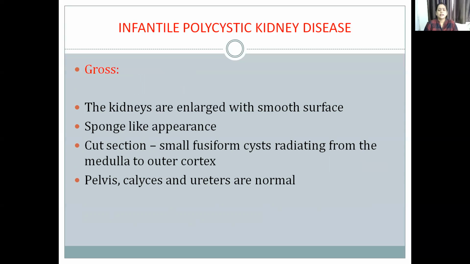Grossly, the kidneys are enlarged with a smooth surface, whereas in the adult type you are seeing a lobulated surface, with a sponge-like appearance. In the cut section, small fusiform cysts radiating from the medulla to the outer cortex are seen. Here you can see the pelvis, calyces, and ureter are small and normal.